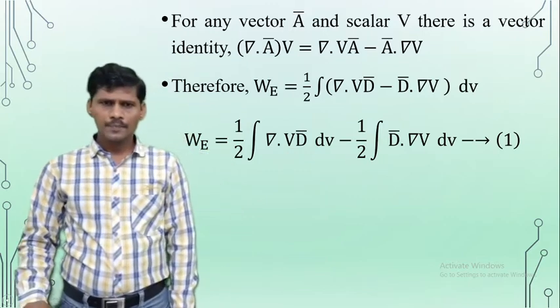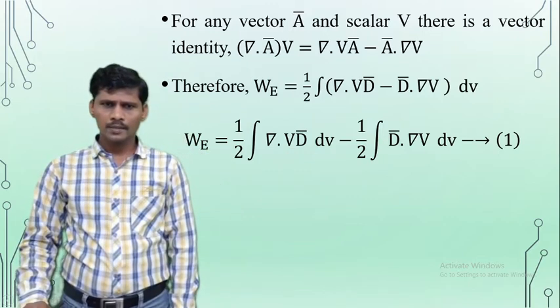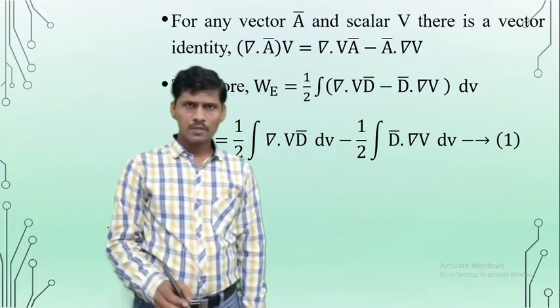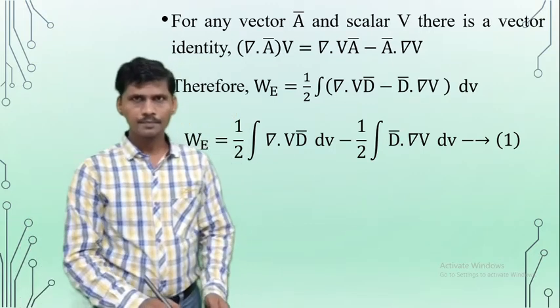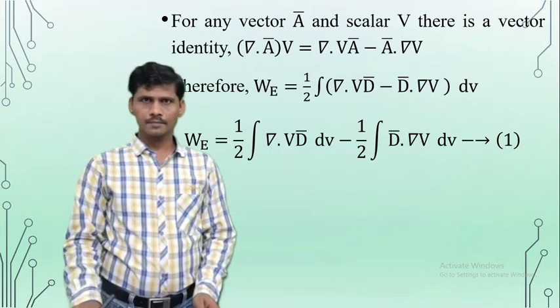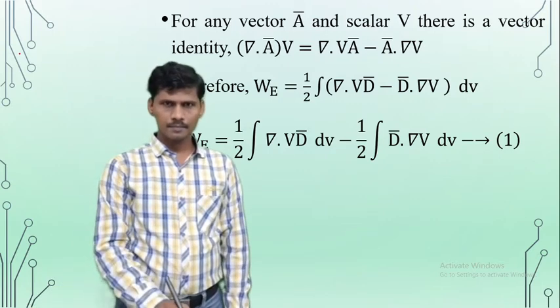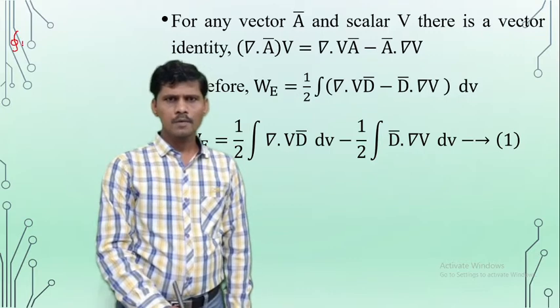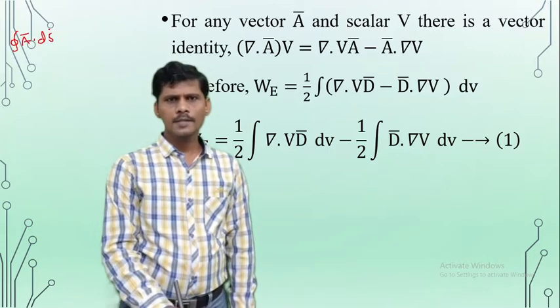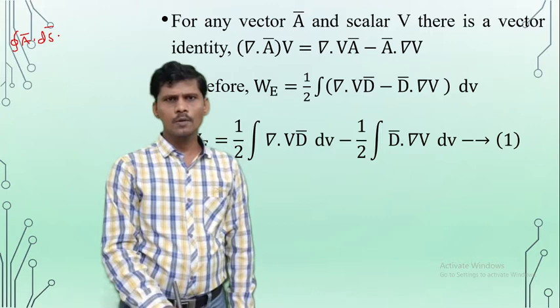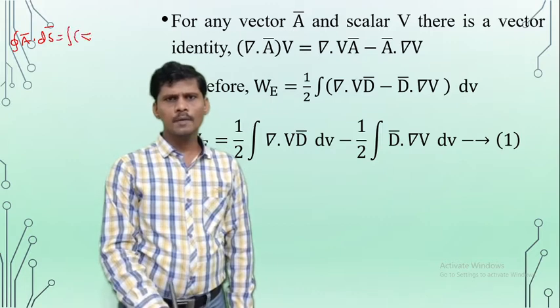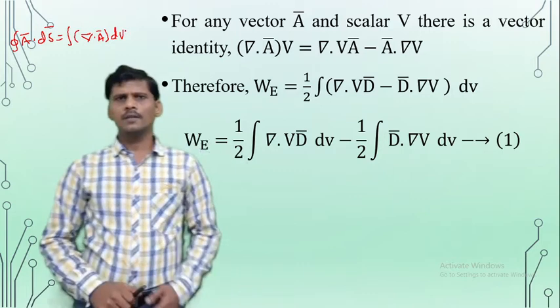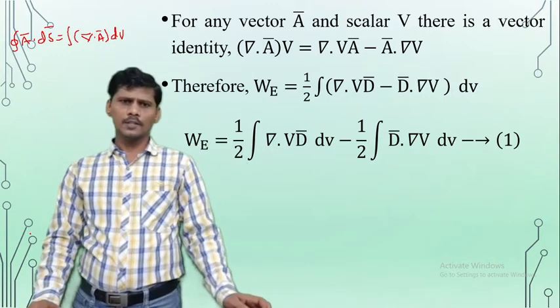For any vector capital A bar, the divergence theorem states that the closed surface integral of A bar dot ds bar is equal to the open volume integral of del dot A bar into dV. So this is the statement of the divergence theorem.